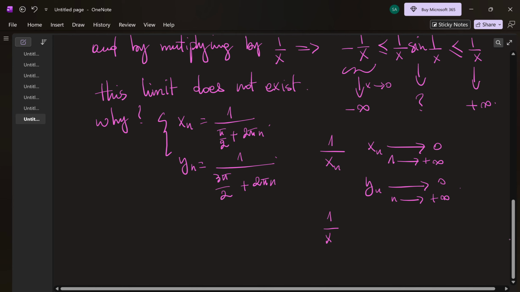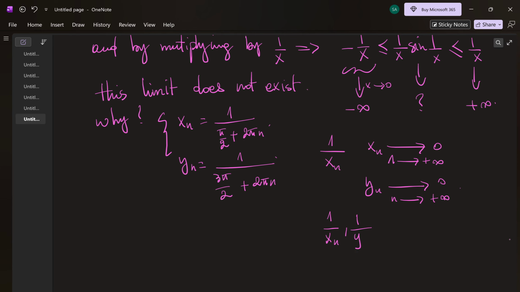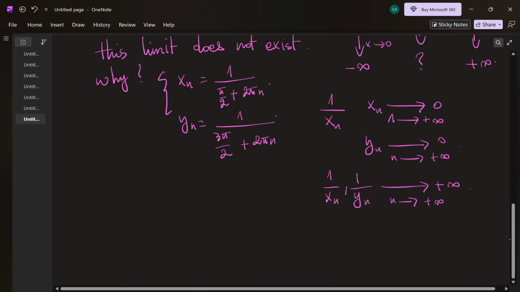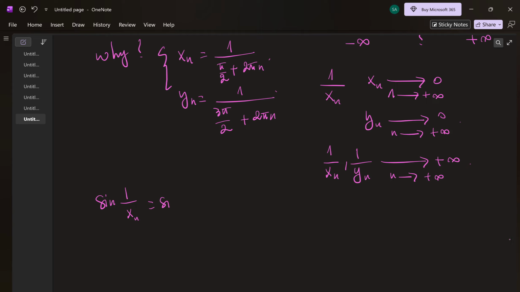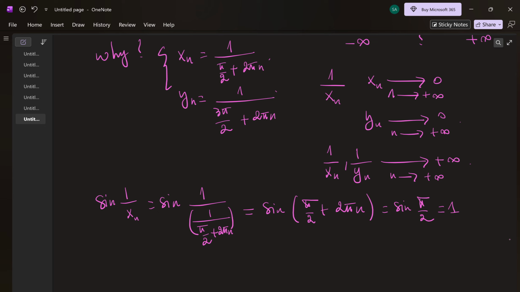So 1 over xn and 1 over yn both are going to plus infinity when n is going to plus infinity. And sine 1 over xn is equal to sine of pi over 2 plus 2 pi n, which is equal to sine pi over 2, which is equal to 1.